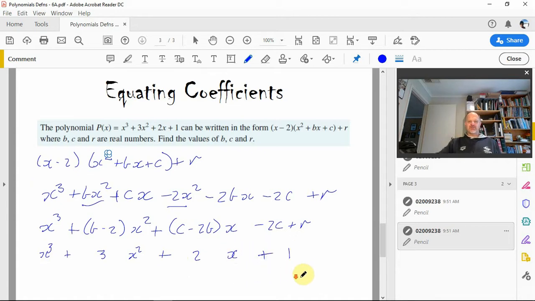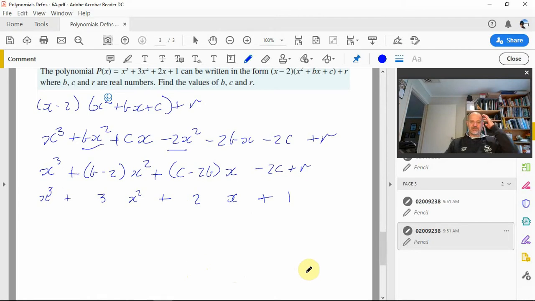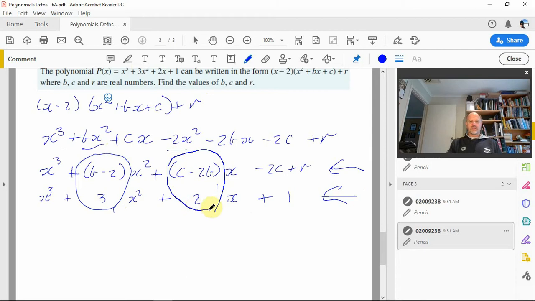So when we're saying equating coefficients, if these two polynomials are the same, which we're told up here they are, we can write this one in this form, so they've got to be the same. And what that means is the coefficients of the particular x terms, or the number bit on the end, the bit without the x's, have got to be the same. In this case we don't need to worry about this x cubed, because they're both already the same.